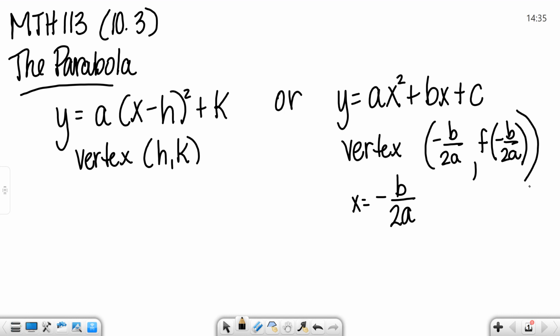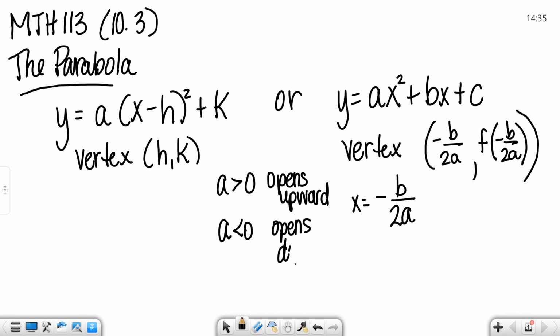That just means plug it in, you'll get a y value. For both of these, if a is positive, then it opens upward. If a is negative, then it opens downward. So this is just a review of things you already have heard about parabolas. So that's really old news.